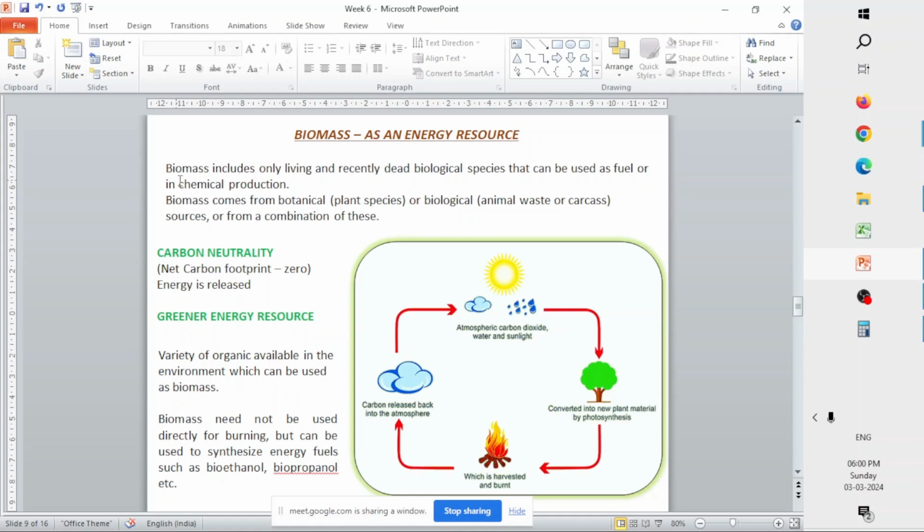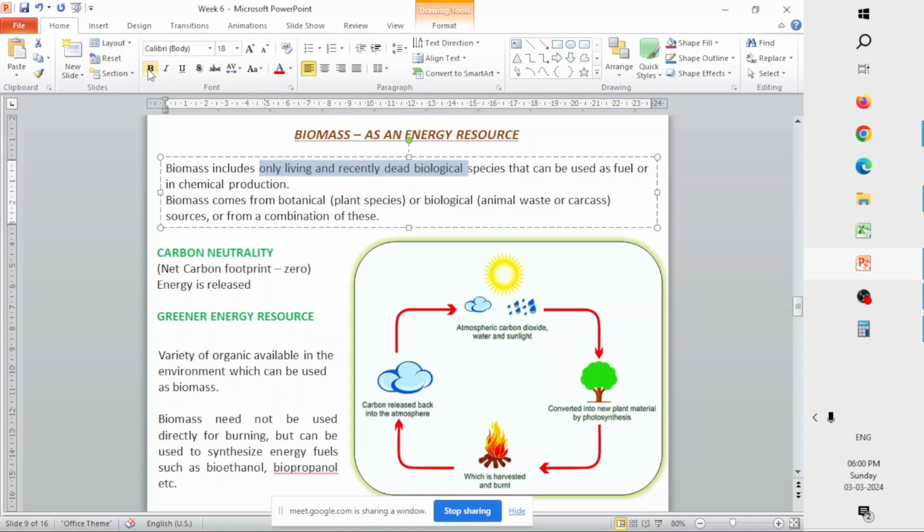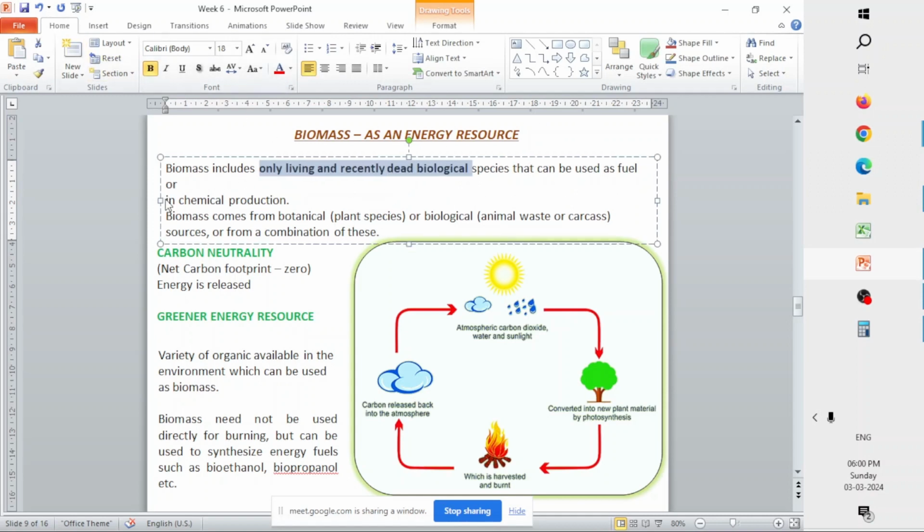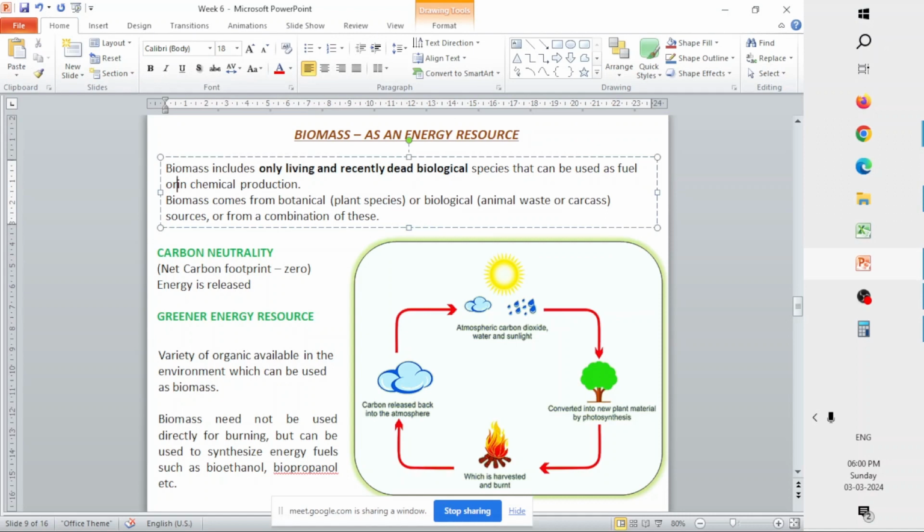So if you see, that's what is written: biomass includes only living and recently dead biological species that can be used as a fuel or in chemical production. It's not necessary that you always burn biomass to get energy out of it.